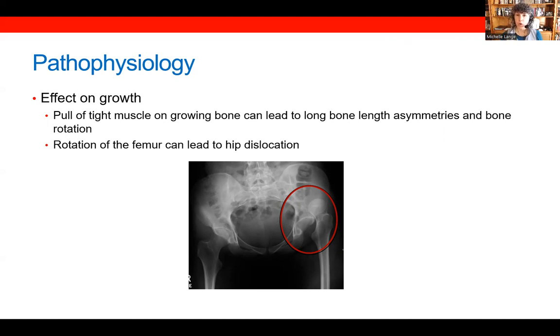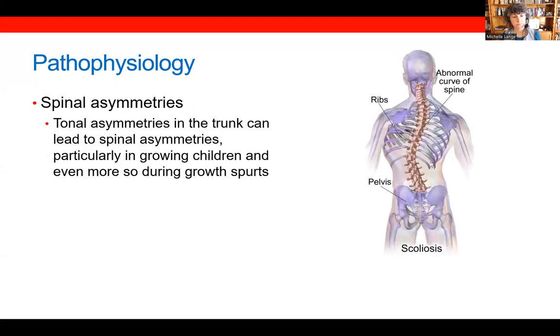Rotation of the femur, which is very common because of which muscles tend to be tight in that hip and lower leg area, leads to rotation of the femur oftentimes, and that can lead to hip dislocation, particularly in conjunction with someone who perhaps is non-ambulatory and has a real shallow hip socket, and where the head of the femur is straighter and not as angled as in weight-bearing peers.